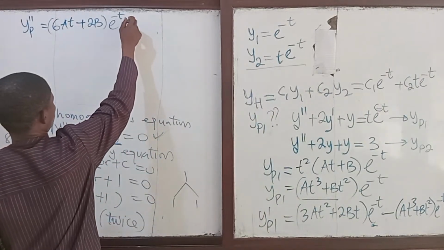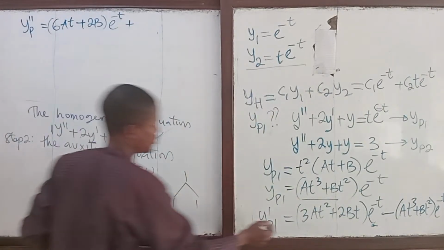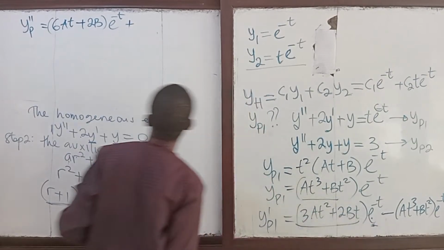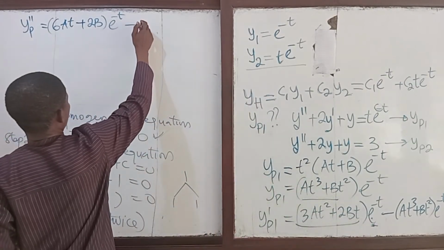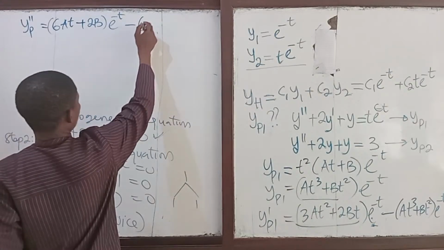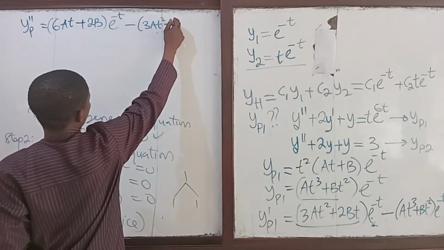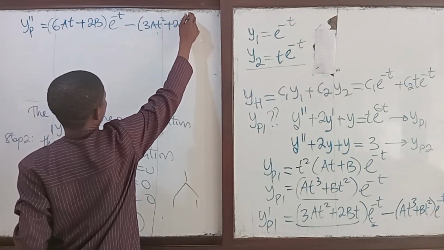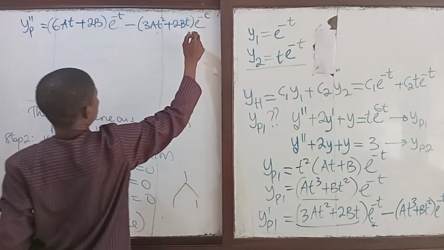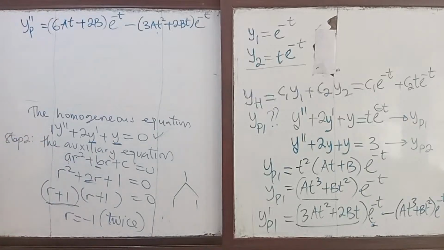And then plus, now keep this one constant and differentiate the e function. So that will be minus, 3at squared plus 2bt, e to the power minus t. I'm through with the first segment. Then minus the second one.